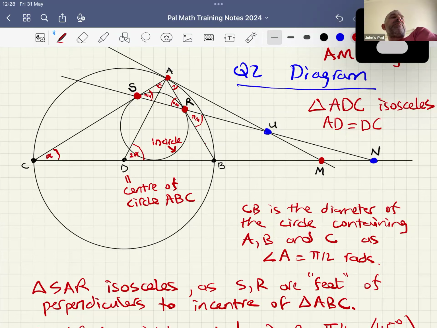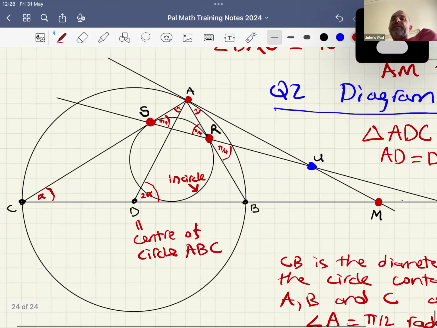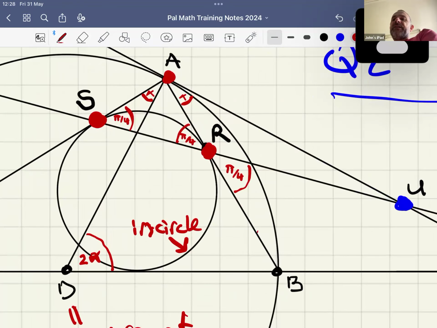So we've got pi over 4. So we've got 2 alpha. This angle here, because you're taking alpha away from 90 degrees, is actually pi over 2 minus alpha.